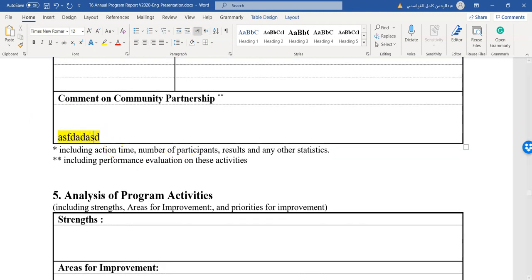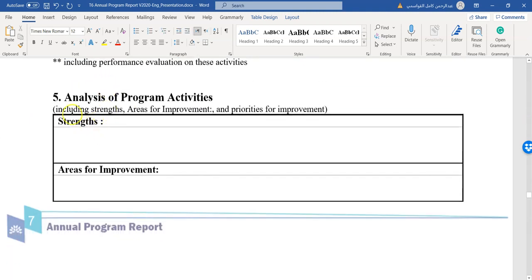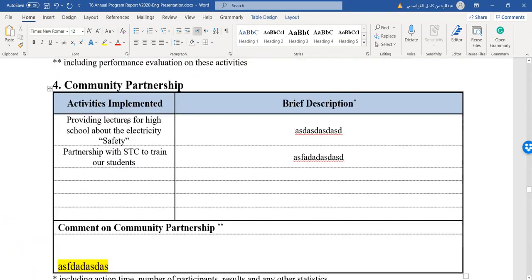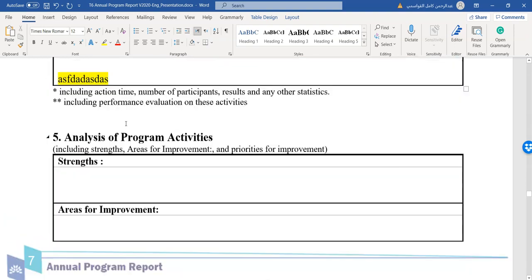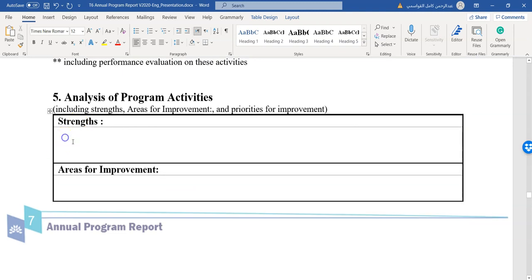And this is, of course, the comments analysis of program activities. This is about all activities above, all activity strength, for example, counseling is active.